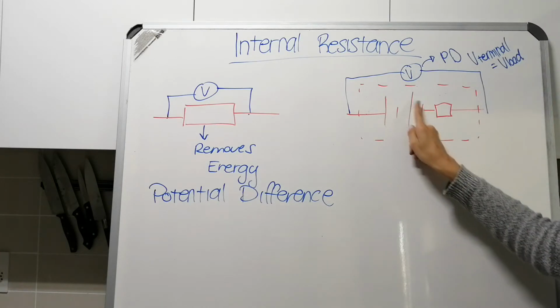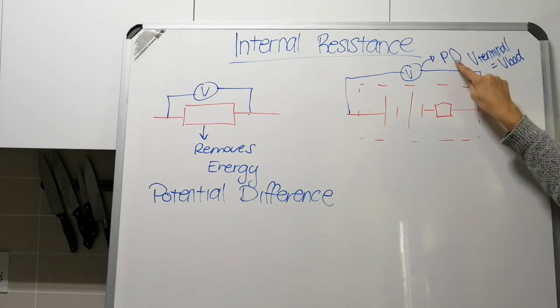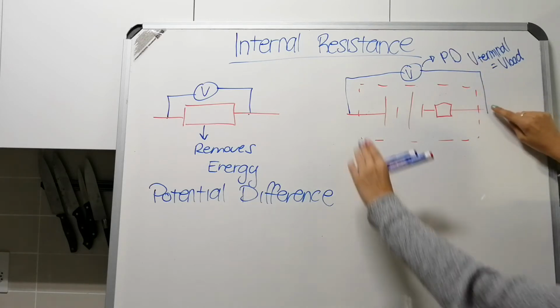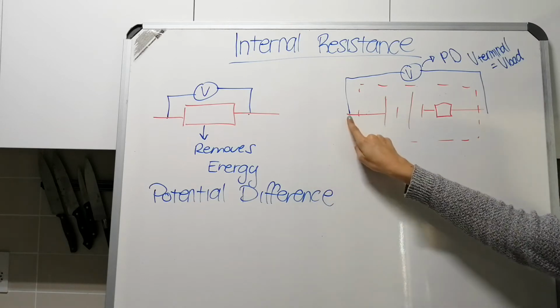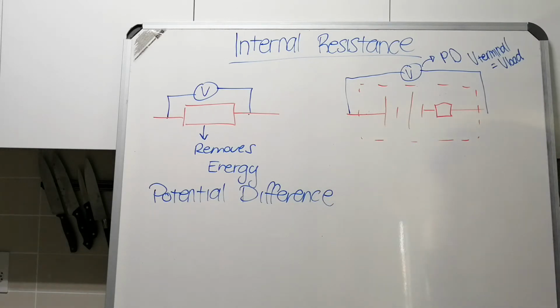But if you look inside, the reason it's potential difference is because in getting from this point all the way around the circuit back to this point, we will be taking energy out of the circuit. We'll be using energy up, right?